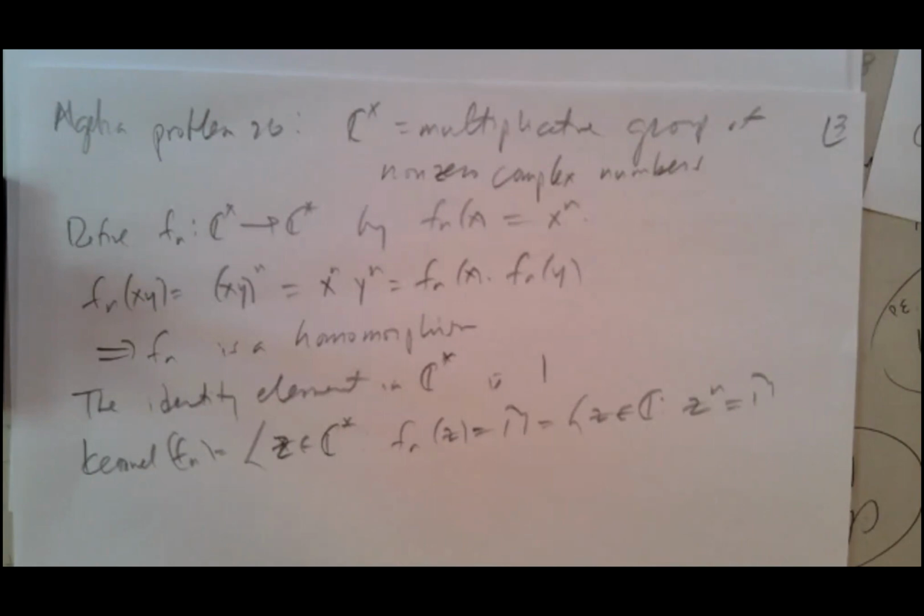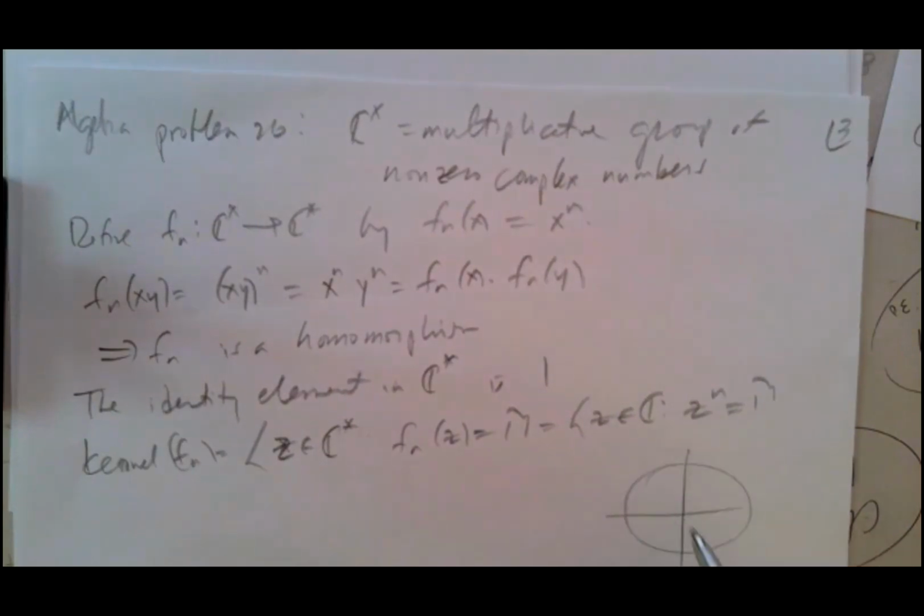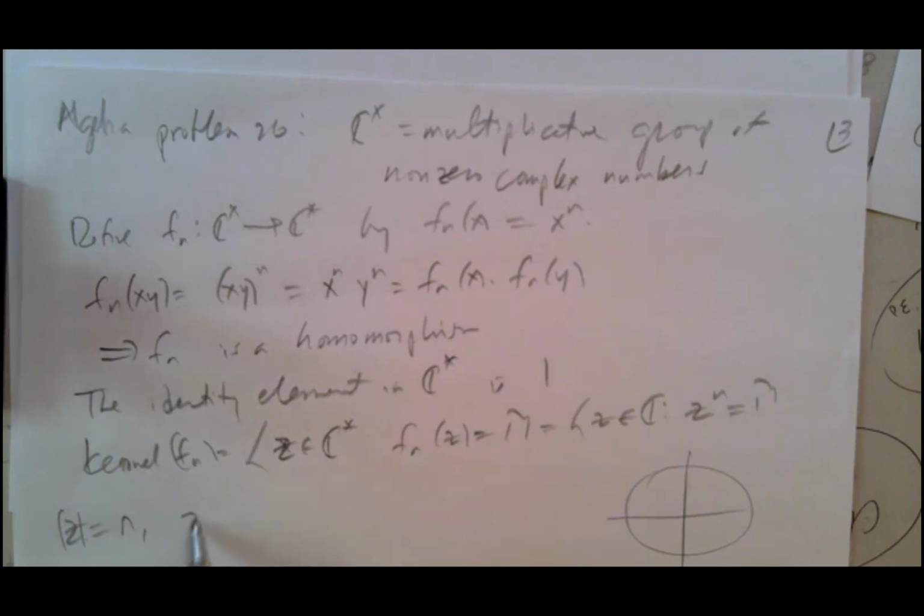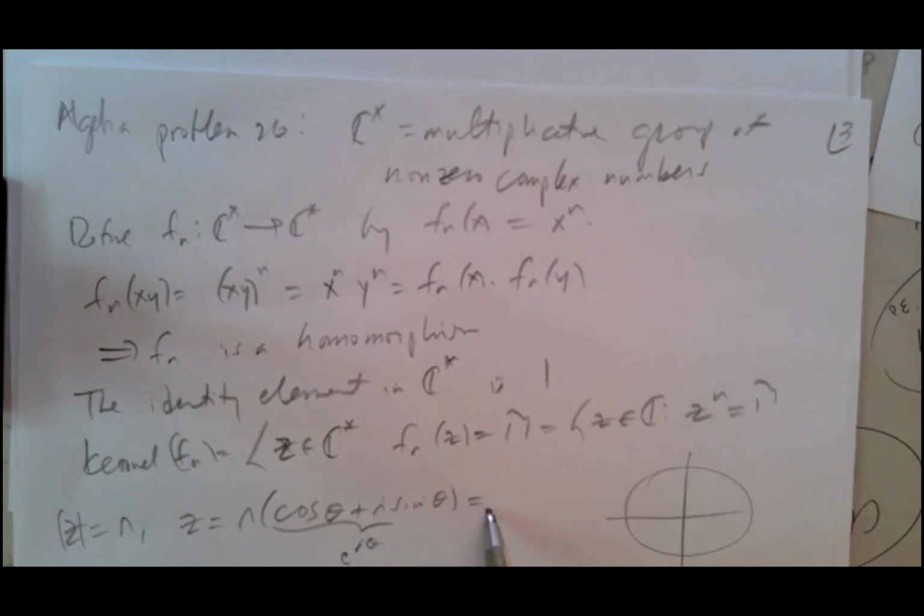And if you write a complex number z, you can always write it as, if the absolute value is r, then z is r times cosine theta plus i sine theta. And we can write this as r e to the i theta.